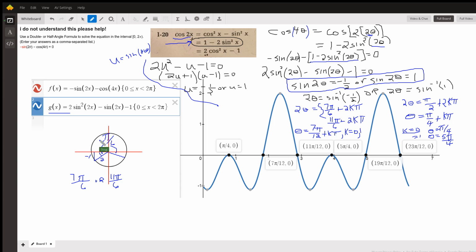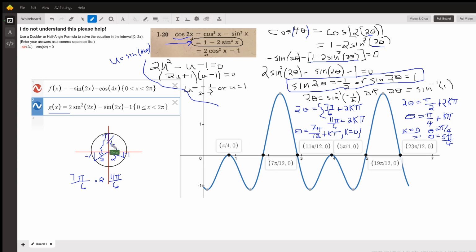So the original angle has to be pi over 6 plus pi, or 7 pi over 6. Or this angle is pi over 6 right here, because this is a negative 1, and we think of it as a negative 1 over 2. So that's 11 pi over 6, pi over 6 short of 2 pi. So 2 theta has to equal 7 pi over 6.